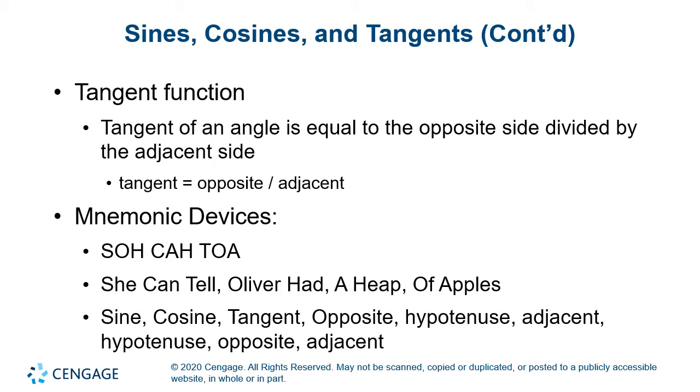The last of these trig functions is tangent. Tangent again is associated with the ratio of sides, and in this case the tangent of an angle is going to be equal to the opposite side, meaning the side opposite the angle, divided by the length of the side adjacent to the angle. So oftentimes it's defined as tangent equals opposite divided by adjacent.